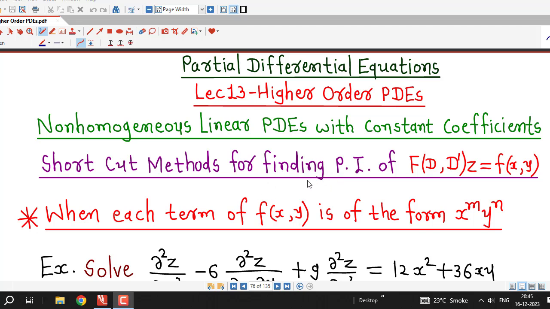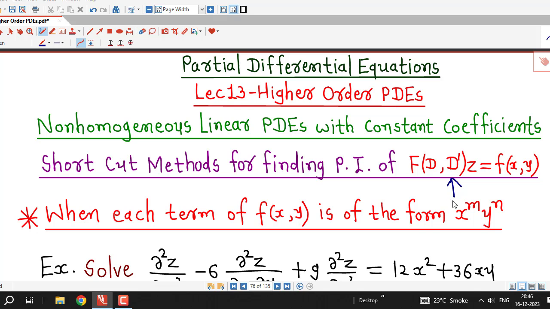For the last several lectures, we have been discussing shortcut methods for finding the particular integral of non-homogeneous linear partial differential equations with constant coefficients. As we know, these methods are applicable for particular right-hand sides in the given non-homogeneous equation.